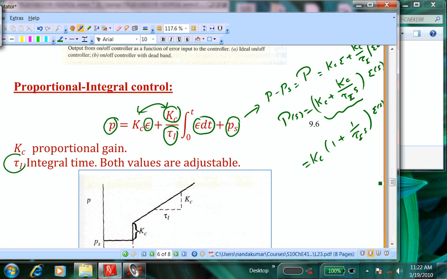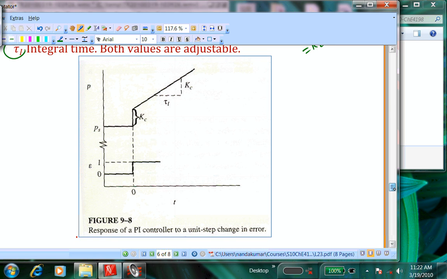Now, what does this mean? Graphically or pictorially, can I get an interpretation? Okay. So here, a PI controller. How does the output signal P to the valve, the pressure that I'm applying to the valve, how does that change with time if I have error with a certain known pattern?